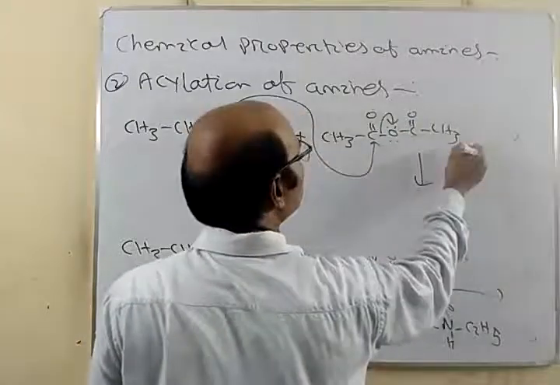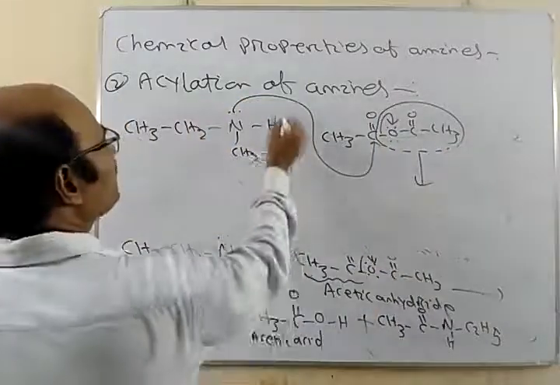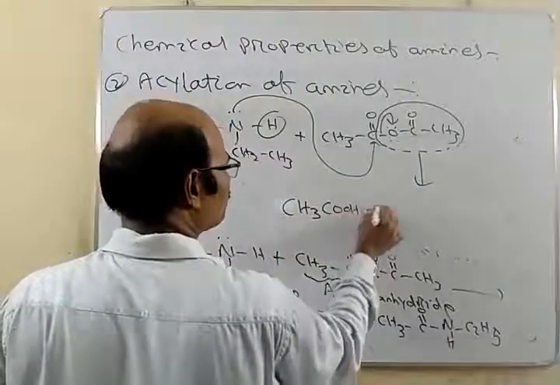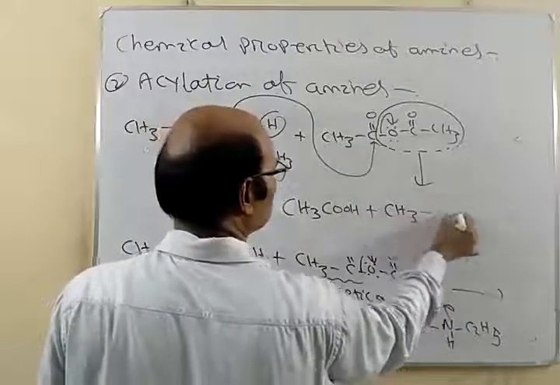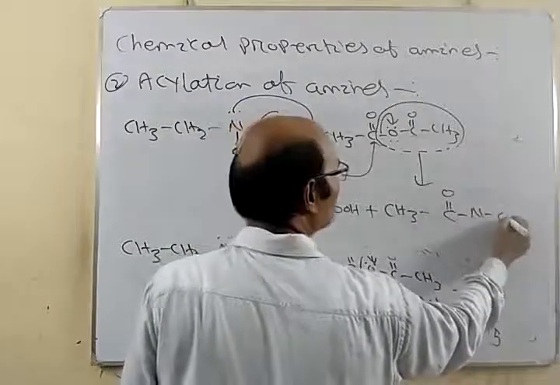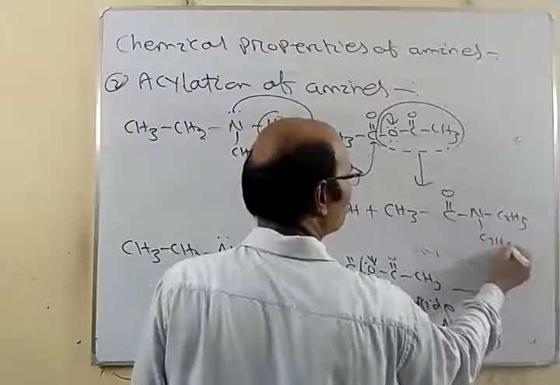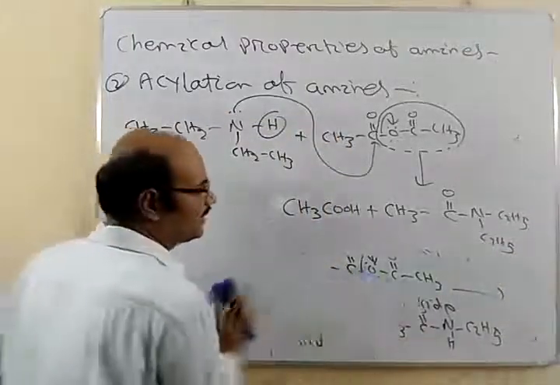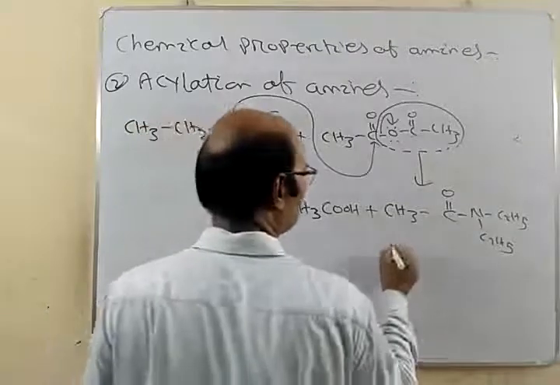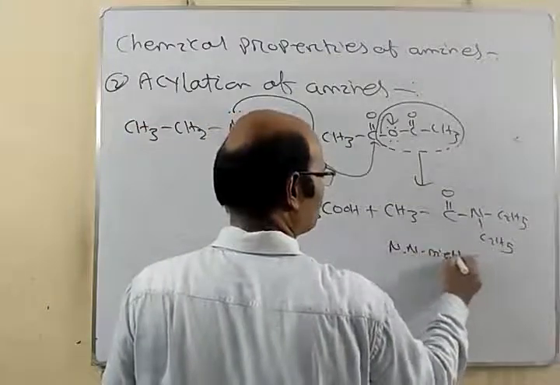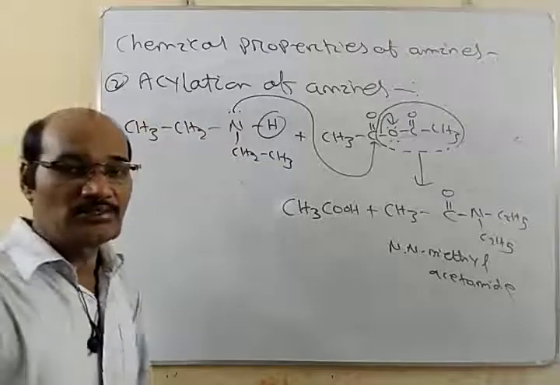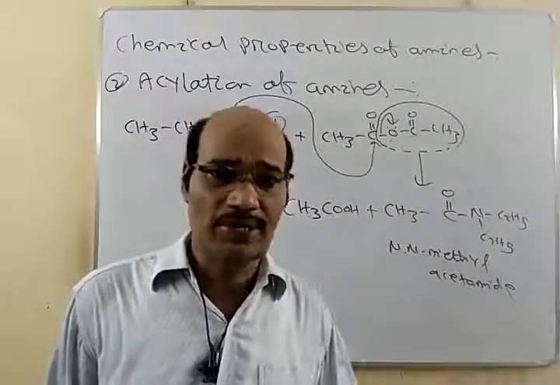Finally we get CH3COO minus and this H plus, giving CH3COOH plus CH3CON(C2H5)2. So N,N-diethyl acetamide. Similarly, the aromatic amines can also react.